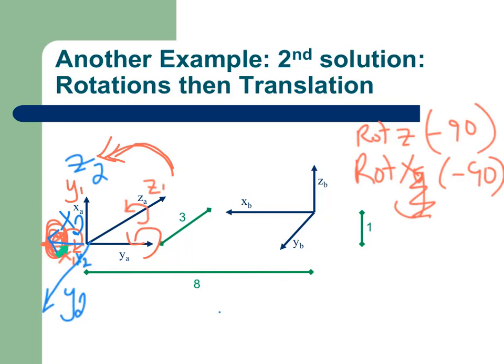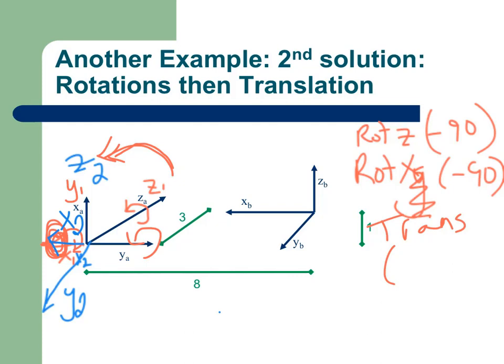In A, this is the direction of x off to the left, but really we need to move 8 units in that way. So we're definitely going to be doing a translation. We're not moving leftwards, we're moving rightwards.